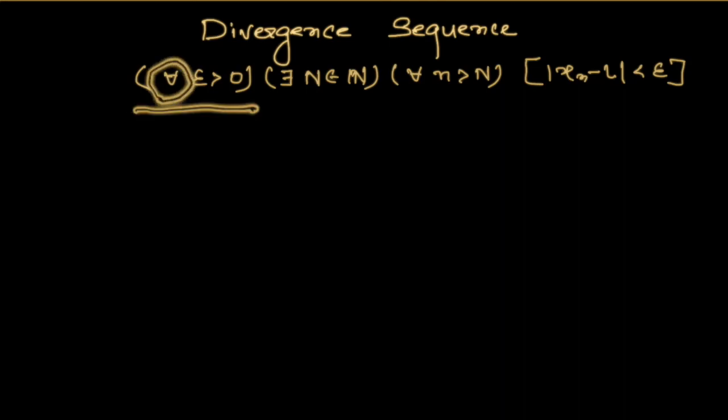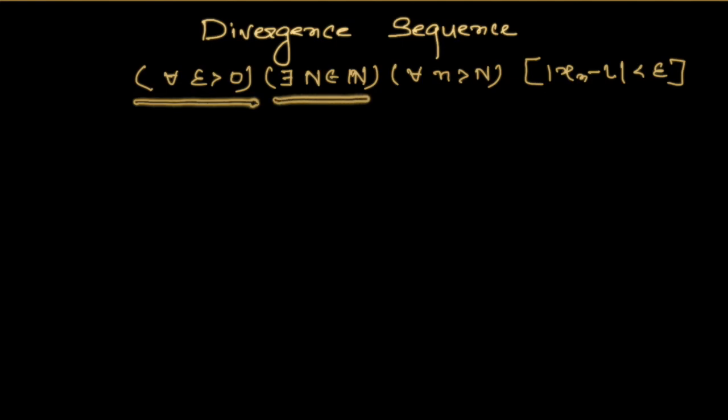These are quantifiers: for all and there exists. Mathematics has two extreme quantifiers, one called for all and the other called there exists. So here we have for all epsilon. This tells from where epsilon comes.